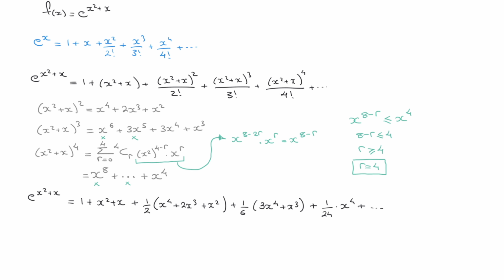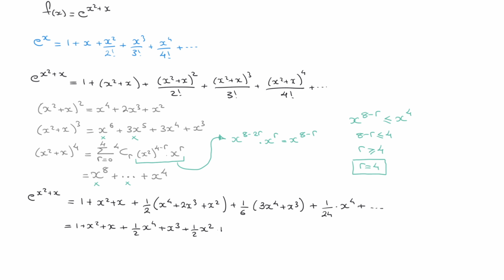There we go. This will equal 1 plus x squared plus x plus 1/2 times x to the power of 4 plus 1/2 times 2x cubed, so that will just be x cubed, plus 1/2 times x squared. So that's 1/2 x to the power of 4 plus x cubed plus 1/2 x squared.